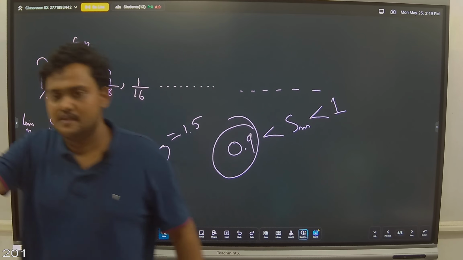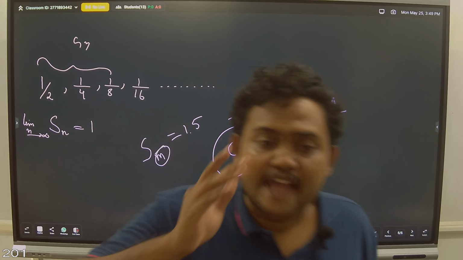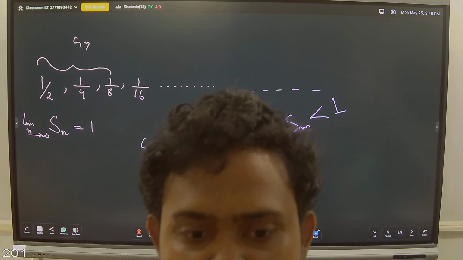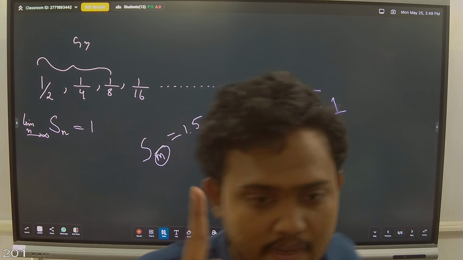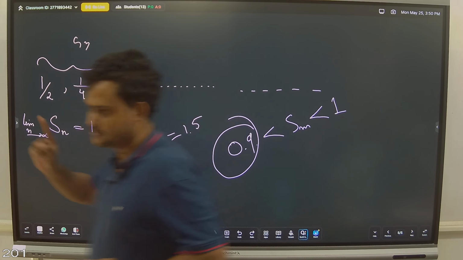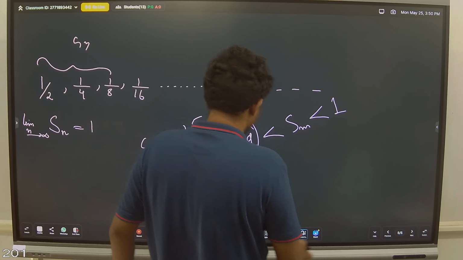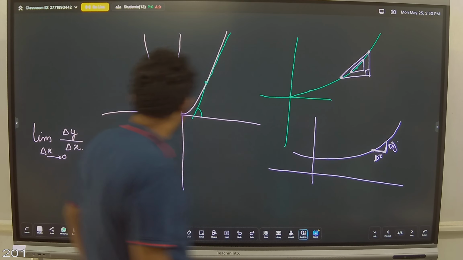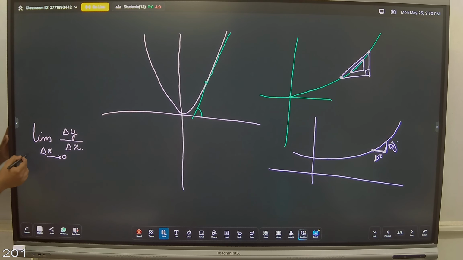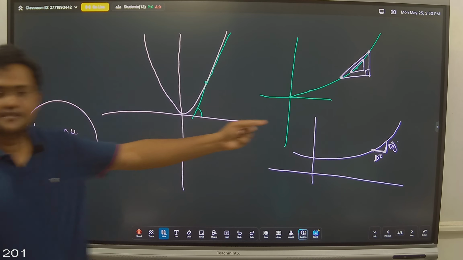You understand? So we cannot literally add up infinite terms. We say that adding infinite terms is limited by 1, right? The limit is 1. This is a working understanding of what limit is, right? So when we take, in this particular expression, delta y by delta x with delta x tending to 0, we are calculating the limit as delta x tends to 0, right?